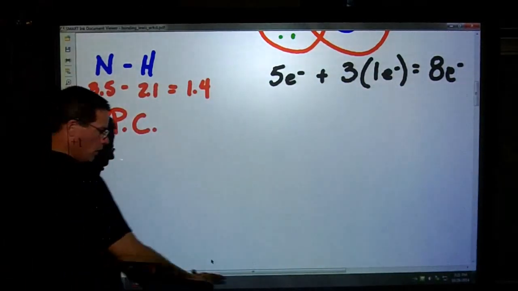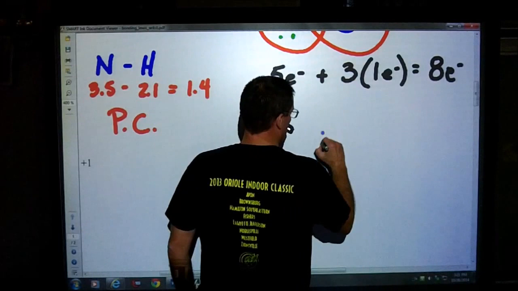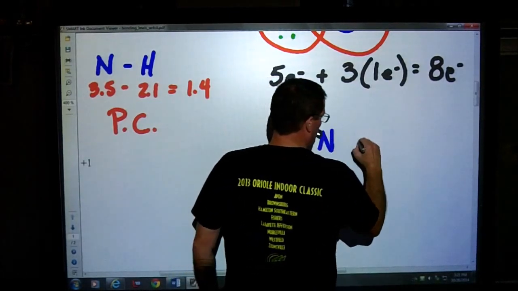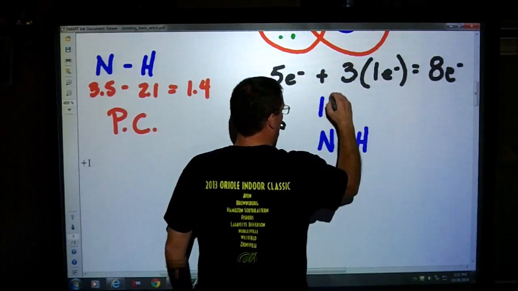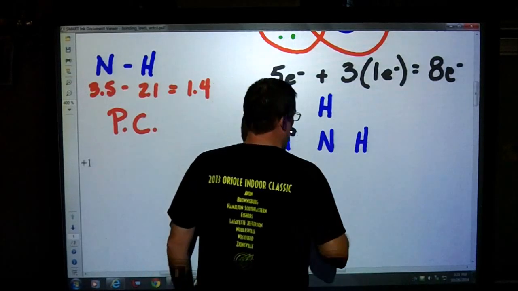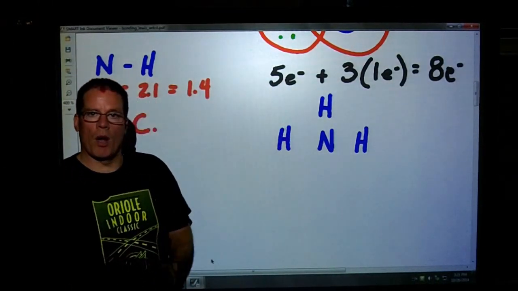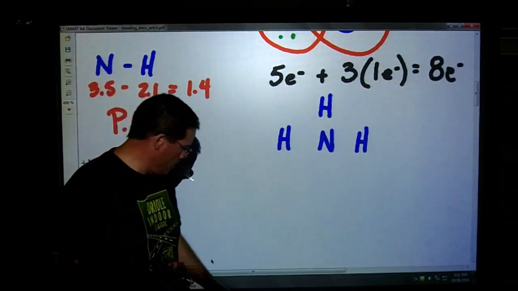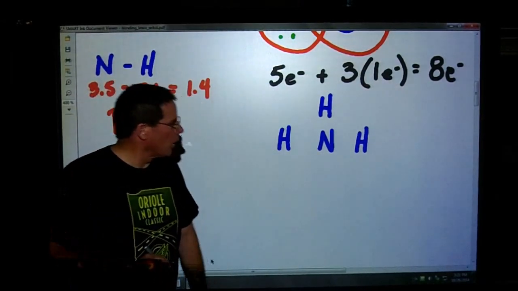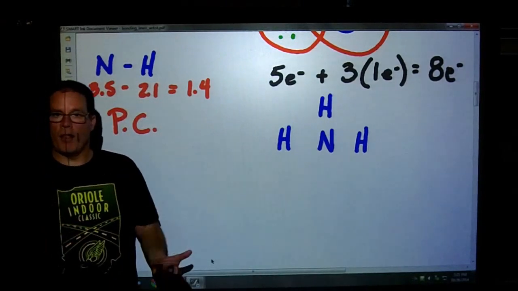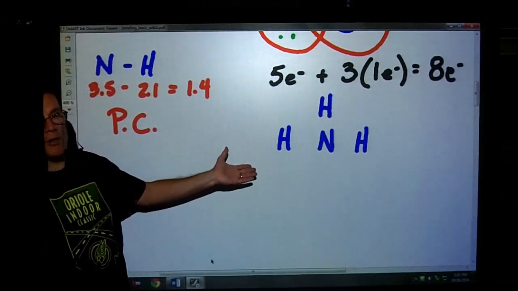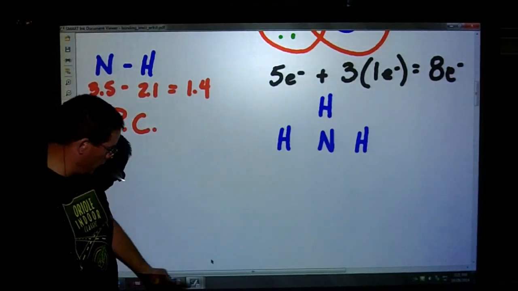So we're going to draw our Lewis structure. So put nitrogen in the middle, hydrogen here, and hydrogen here. And again, if you put your hydrogens, one there, and leave one of the other quadrants empty, we're just fine with that. So let's go ahead and assign electrons. Make sure that we satisfy the external atoms first. And in this case, hydrogen only wants 2 electrons.